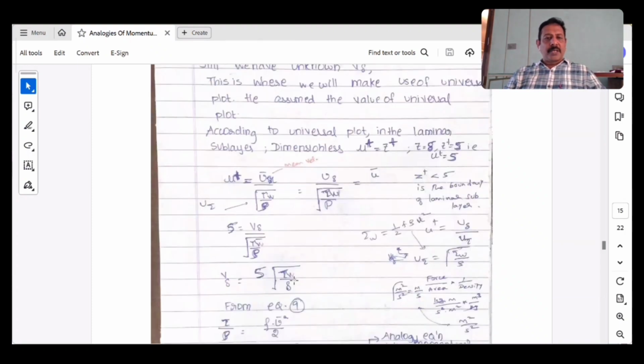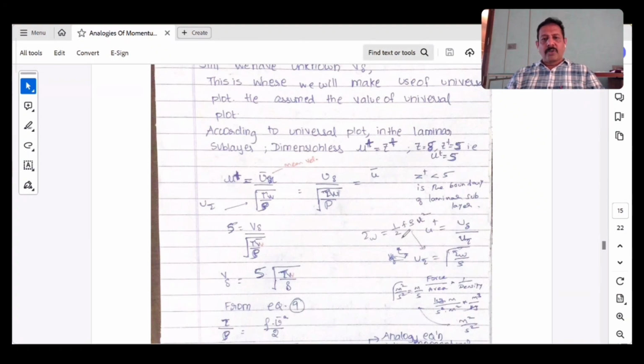So how do they define U plus? U plus is nothing but a dimensionless form of velocity. So I divide one velocity by another velocity. One is the mean velocity, the other is the velocity at the wall. The velocity at the wall is nothing but root of tau W by rho, because you can derive it from this.